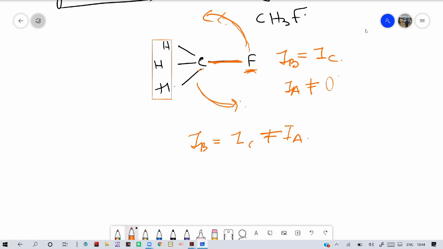There are two more different cases for this. When IB is equal to IC and it is greater than IA, it is called prolate symmetry.